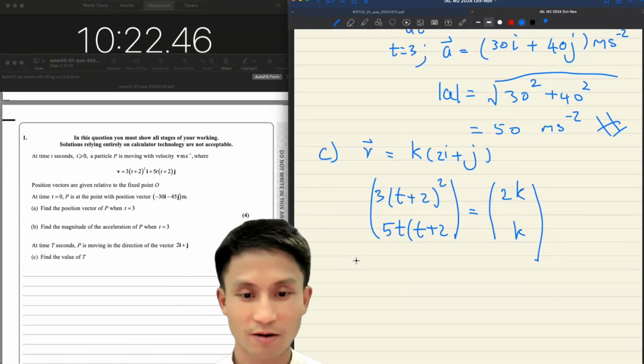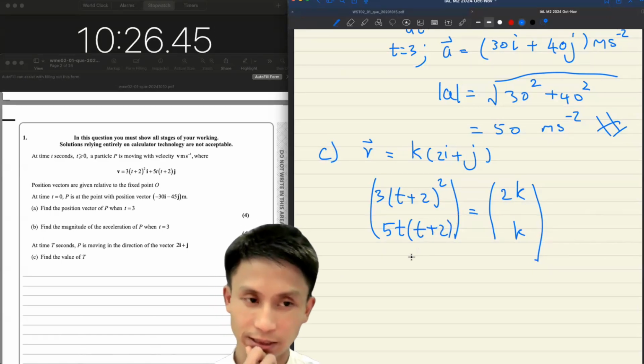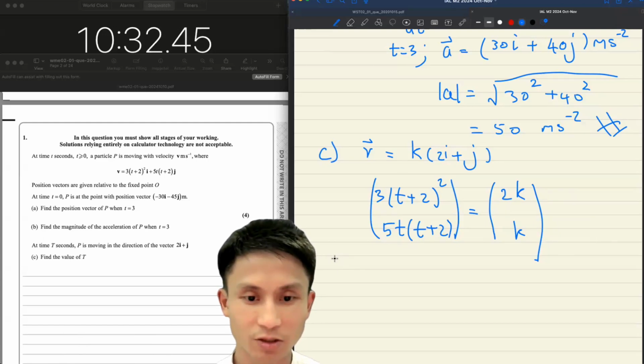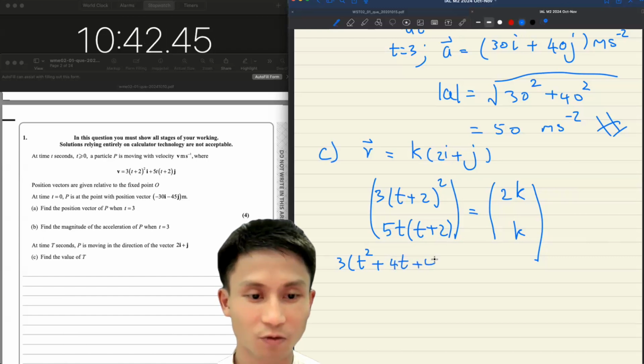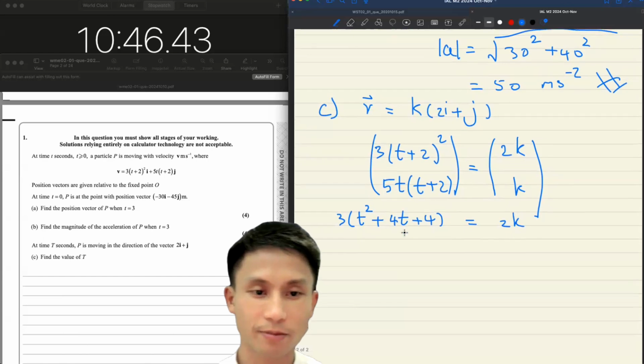So we're going to have, for the first equation, see if we can do some tactics there. I think I'm going to expand this. So expanding this complete square, t squared plus 2t plus 4. Oh, hang on. That's t squared plus 4t plus 4, sorry. And that's going to be put equal to 2k.